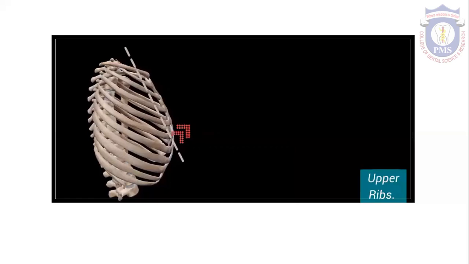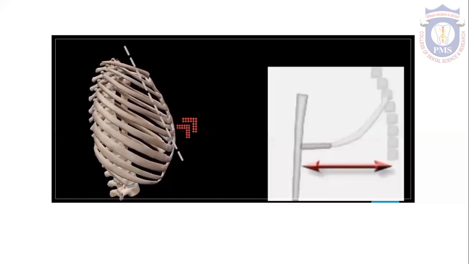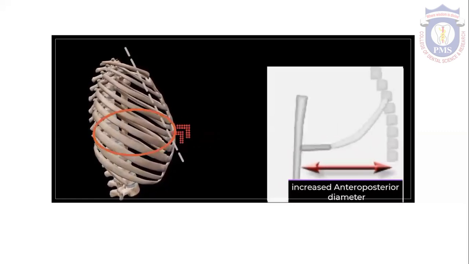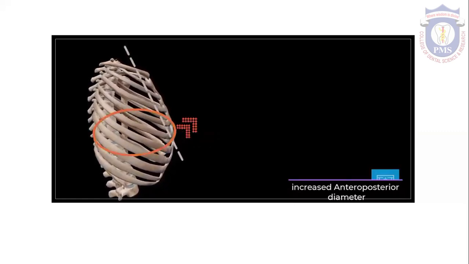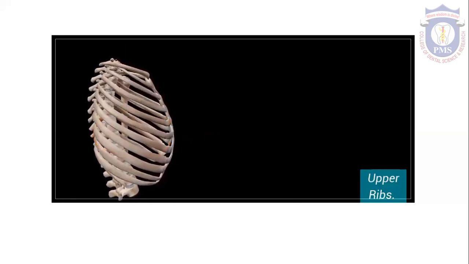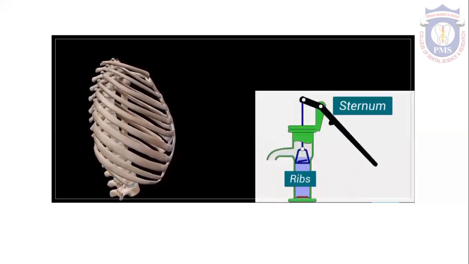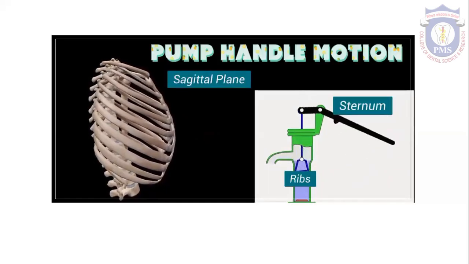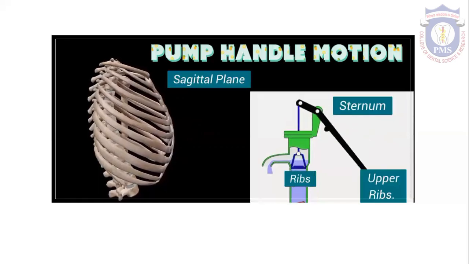The greatest effect that one can observe here from the motion of the upper ribs and the sternum is the increase in the anteroposterior diameter of the thorax. This combined rib and sternal motion that occurs in a sagittal plane is termed the pump handle motion of the thorax.